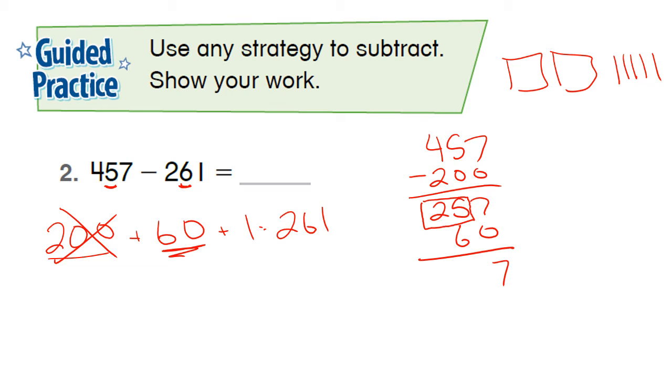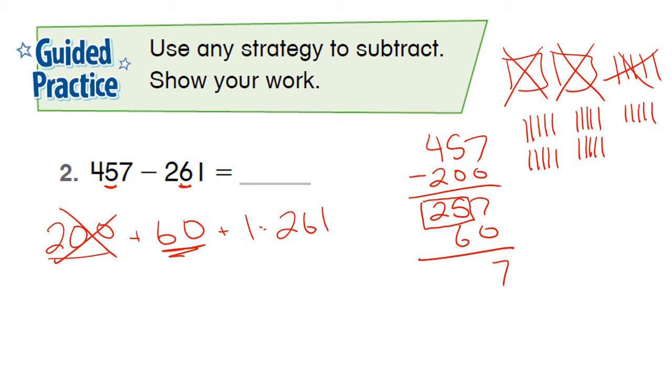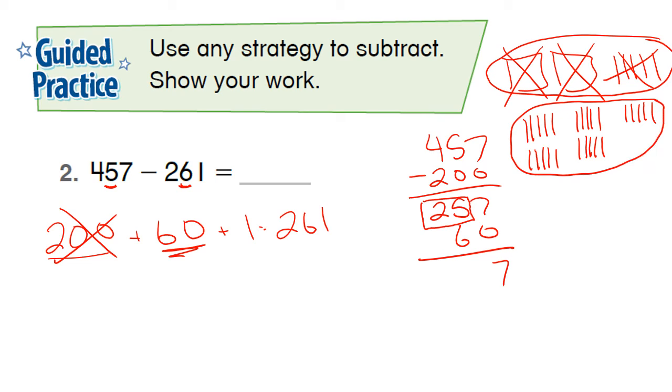So what I'm going to do is I'm going to exchange these flats for 10 rods apiece. So if this equals 250, then this also equals 250. I can take 60 from this. I can take 6 tens from 25 tens.